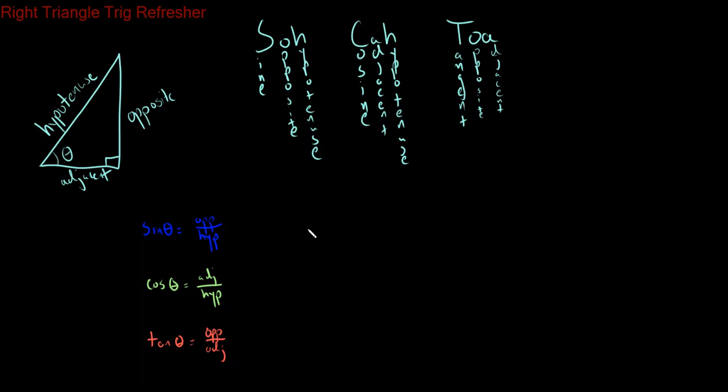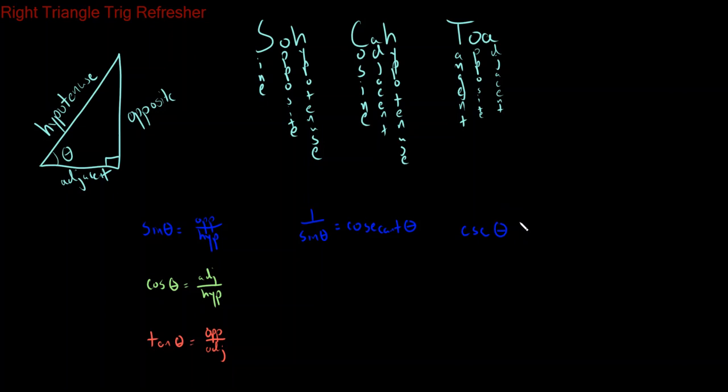So we actually have a trig ratio for the reciprocal of sine, and the reciprocal of sine is called cosecant, which is shorthanded as CSC. So the cosecant of theta is the reciprocal of sine.